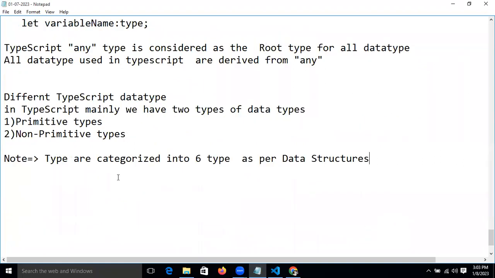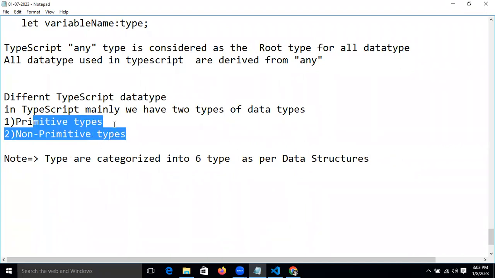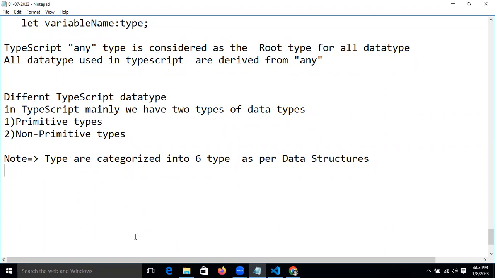I'm mentioning this clearly, guys. Now these are the six types.